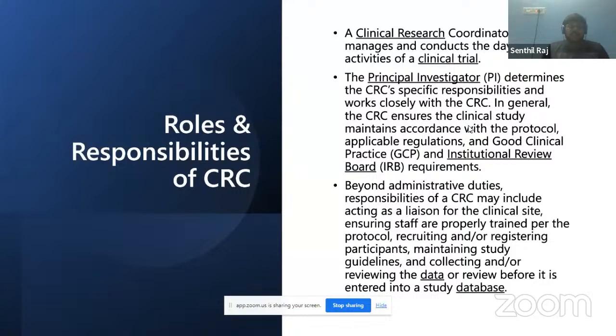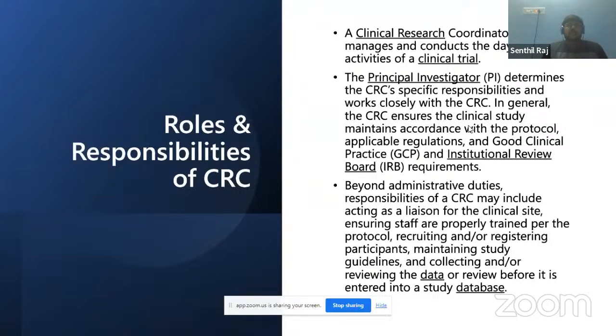Whenever they devise a study, they plan within what duration they are going to enroll all the study subjects, and they have a deadline for enrollment also. During that period, they try to enroll as many as quoted in their protocol.